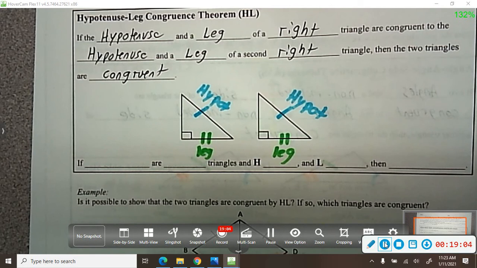Remember, HL only works if you have a right triangle. So all you need to know is two pieces of information. The hypotenuses are congruent, the legs are congruent.